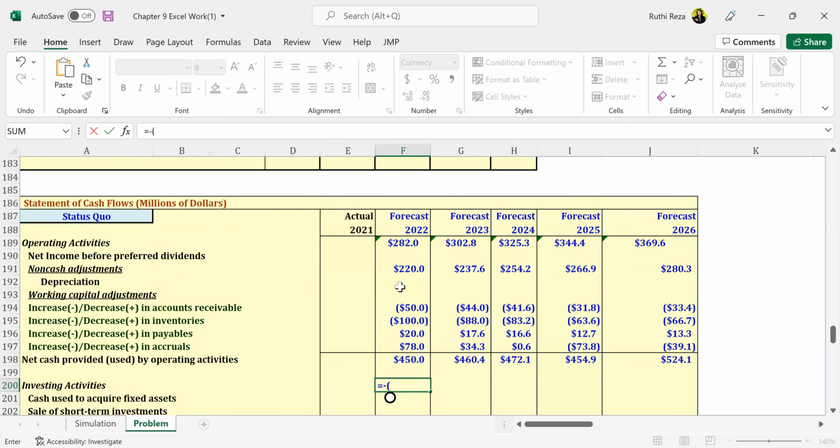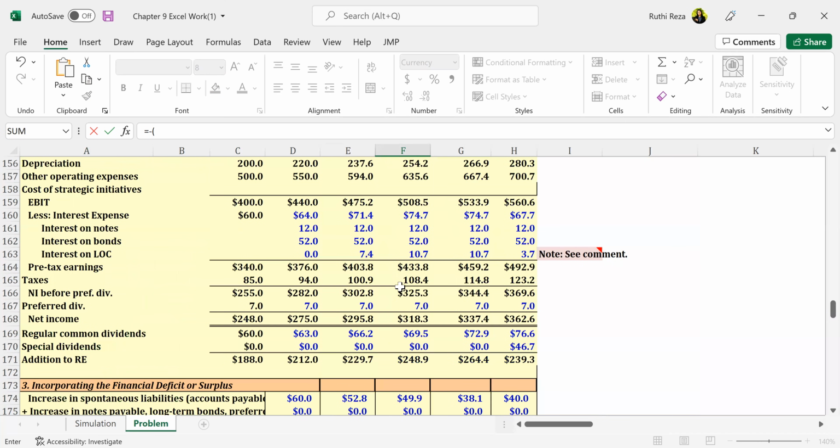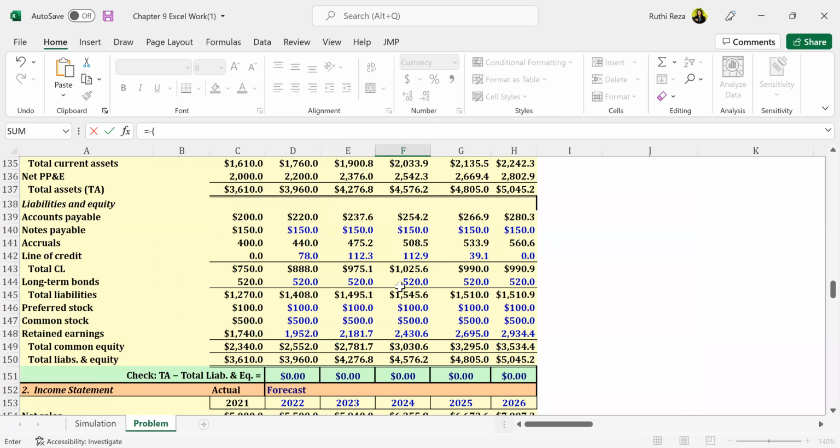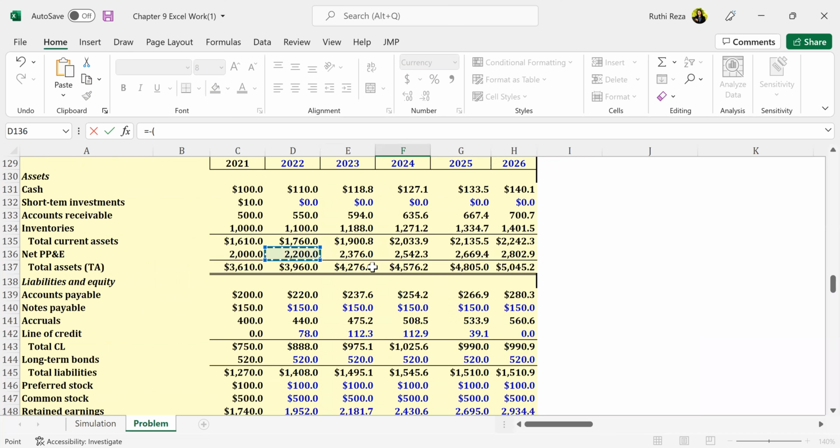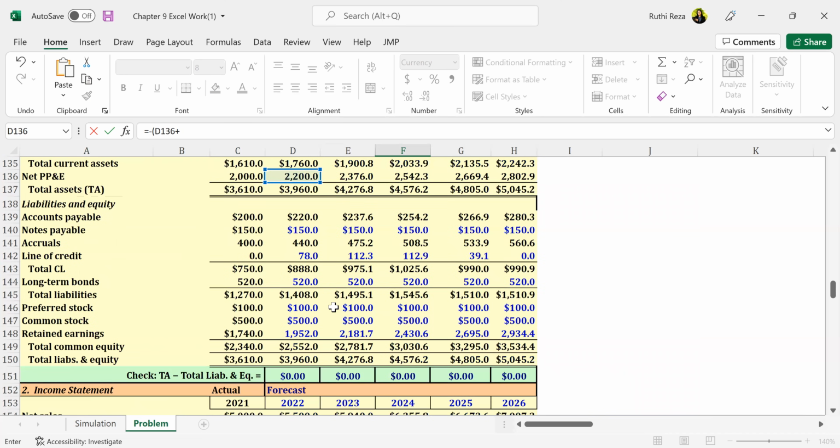All right, so to get that, your net PPE plus the depreciation you charged in this year.